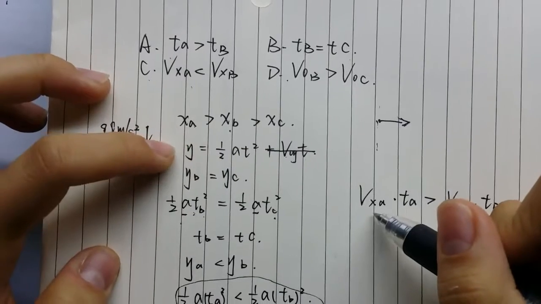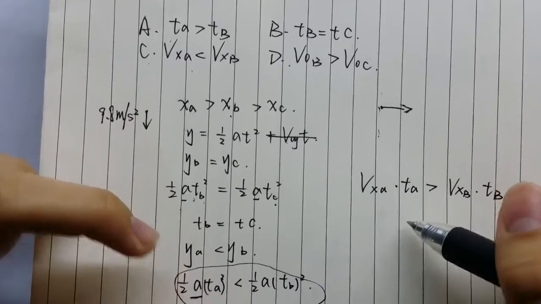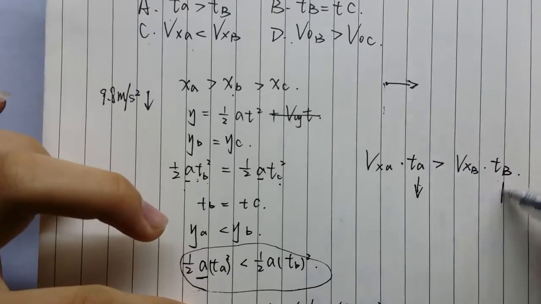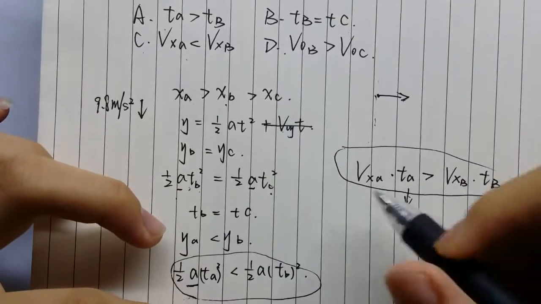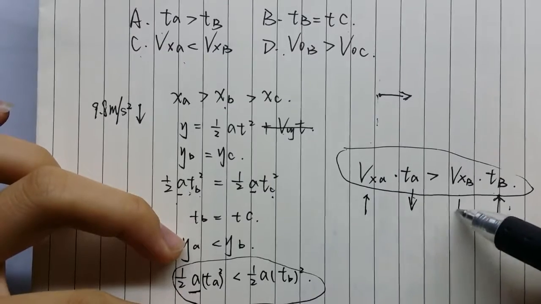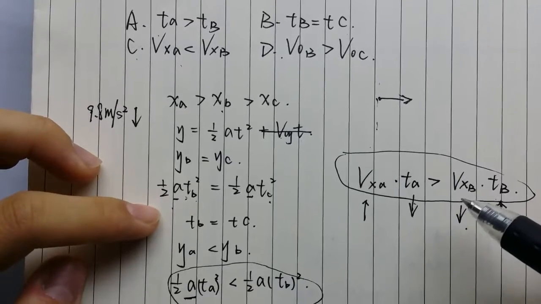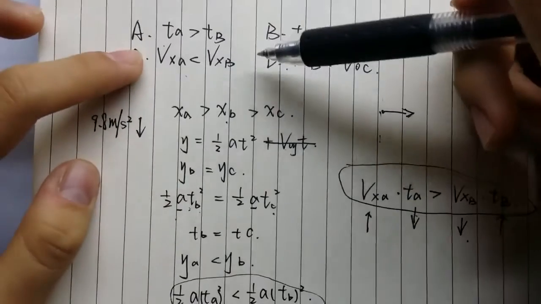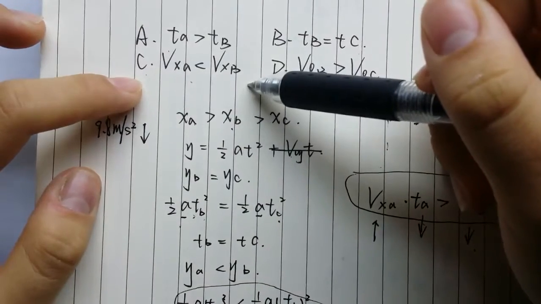And TA is smaller than TB. So how can we make this one come true? We have to make VXA bigger than VXB. Otherwise, it won't become true. So we can see that option C is incorrect.